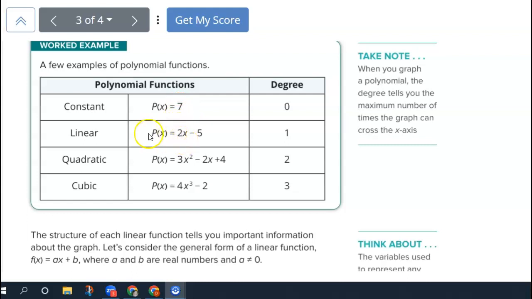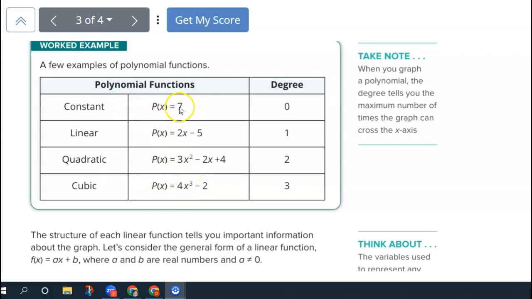This polynomial is a linear polynomial because if you graphed y equals this times x minus 5, it's like y equals mx plus b, that form, that's linear. Constant just means it's a number with no variable. Linear looks like the ones we've been working with. Quadratic are the ones that have a power of 2. Cubics have a power of 3.